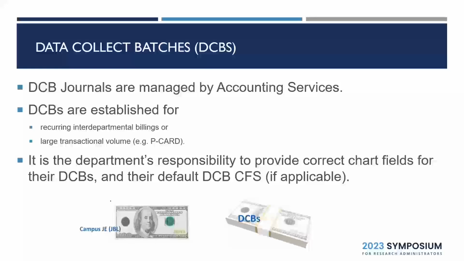Some DCBs go through CBM, Customer Billing Management System. The batches may post daily, weekly, monthly, quarterly, or annually. It's the departmental responsibility to provide the correct chart field string for their DCBs and their default DCB chart field string if applicable. Next slide, please.